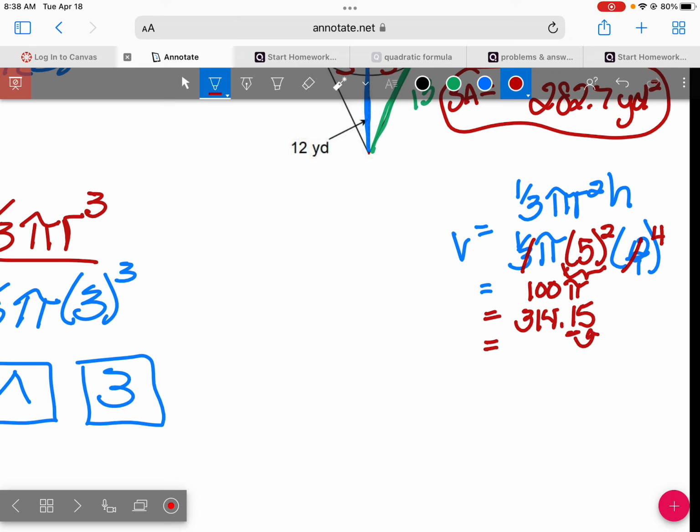Look next door, 5 or more. So that 1 is going to go to 2. So 314.2 yards cubed, because that is the volume.